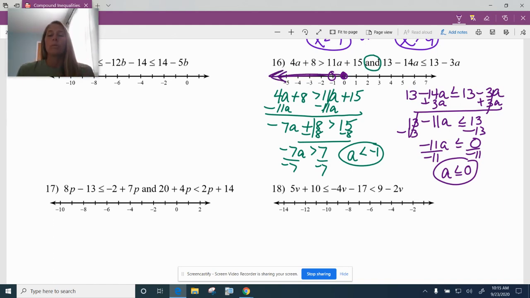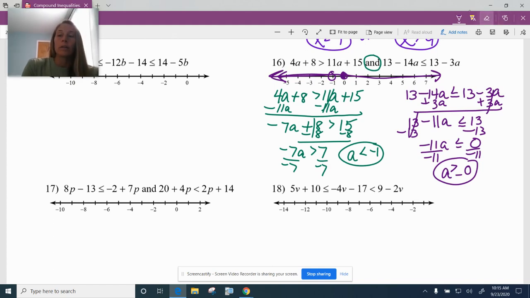Okay, now it's saying and, so it's saying a is less than -1 and a is less than or equal to, oh wait a minute, I forgot to flip my sign on there. No wonder. Then it says a is greater than or equal to 0. So less than -1 and greater than or equal to 0.